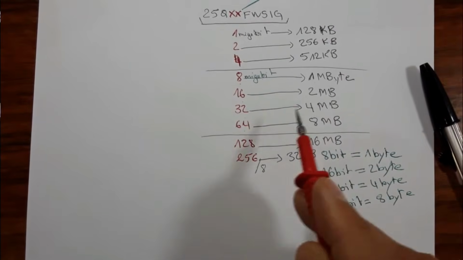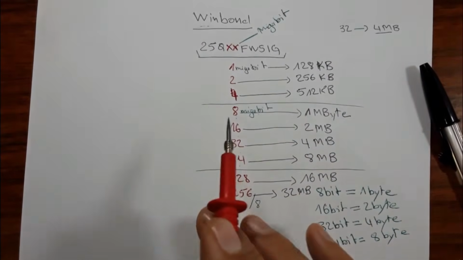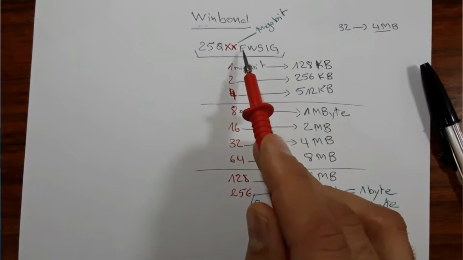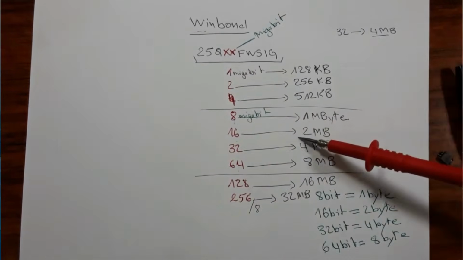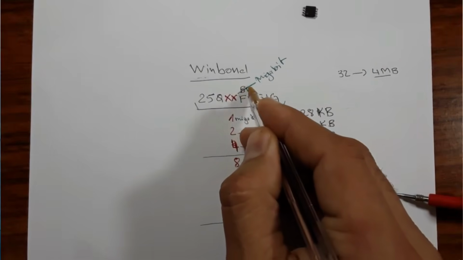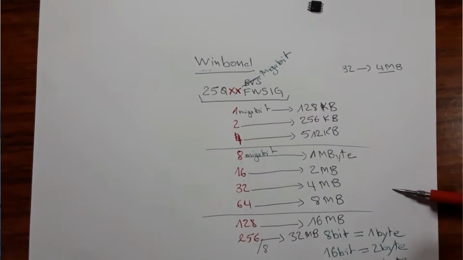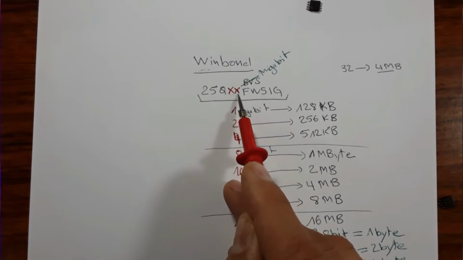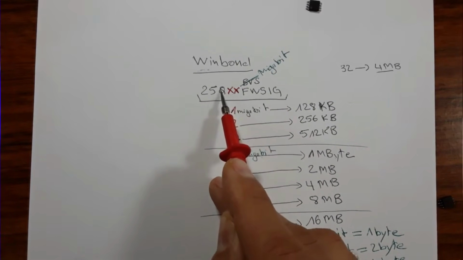In the BIOS we have 25Q32 BVS. We can find FWS or BVS, no problem. Always check or focus on the number after Q.